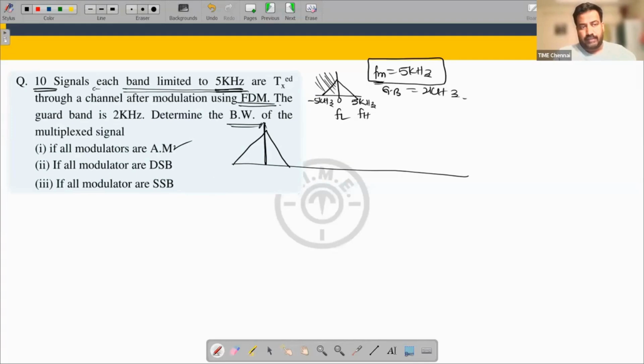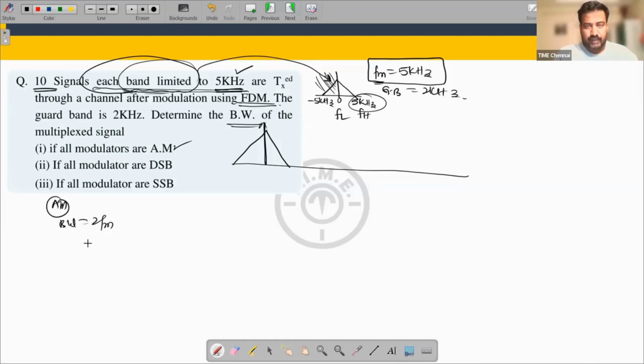So whenever you see this term, band limited to, this picture should be visualized by you. Once you visualize this picture, you understand that FM is this value. Once you understand that, each AM channel takes a bandwidth of 2 FM. Now things will become easy.